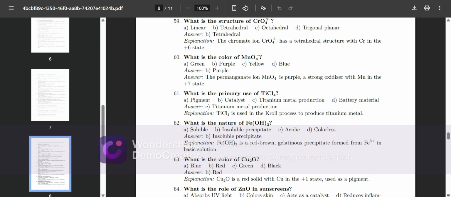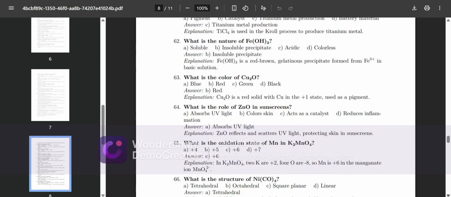What is the primary use of TiCl4? Titanium metal production. TiCl4 is used in the Kroll process to produce titanium metal. What is the nature of Fe(OH)3? Insoluble precipitate. Fe(OH)3 is a red-brown gelatinous precipitate formed from Fe3+ in basic solution.